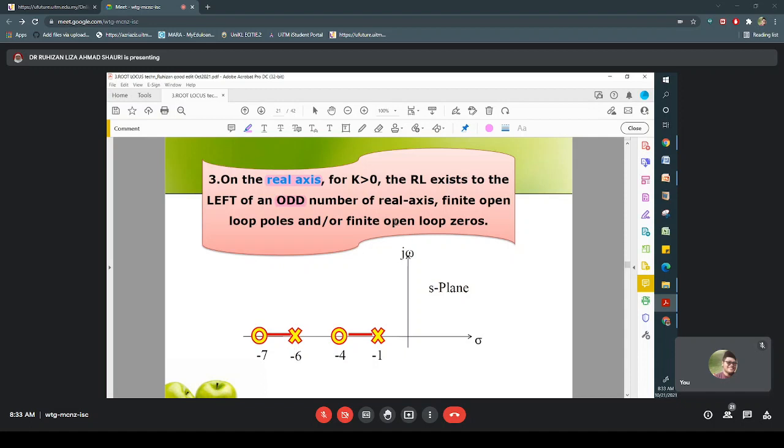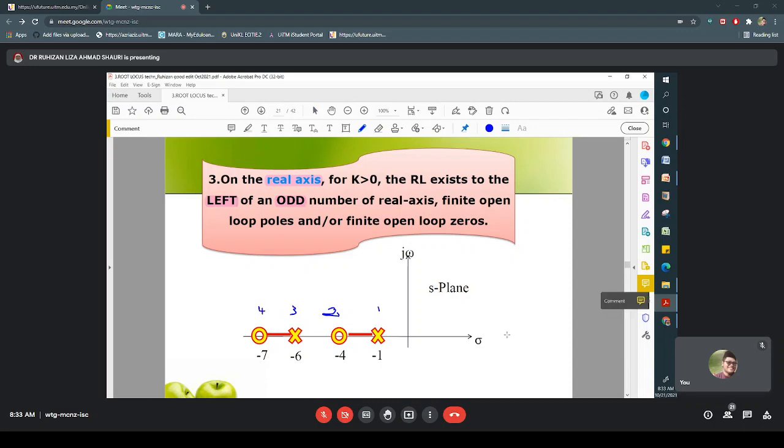Now, the odd number of those need to have the locus on its left. So you can see here, this is first, this is second, this is third, this is fourth.